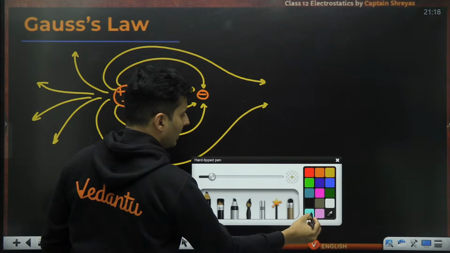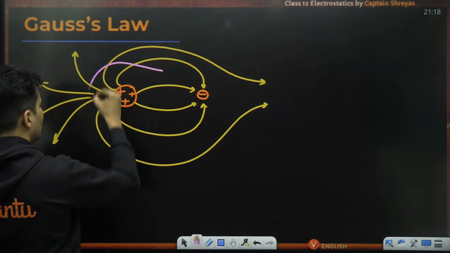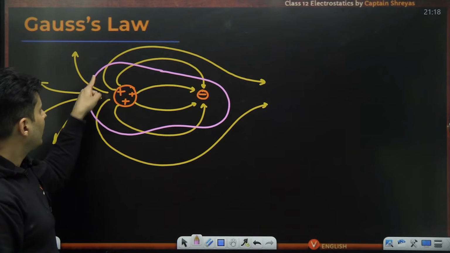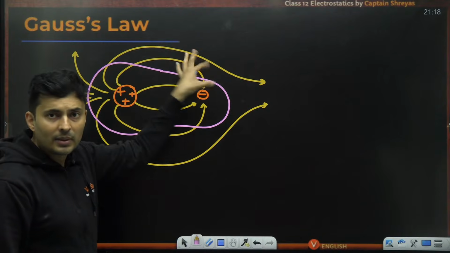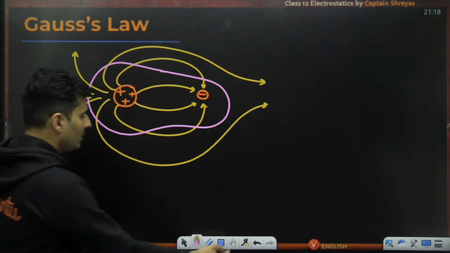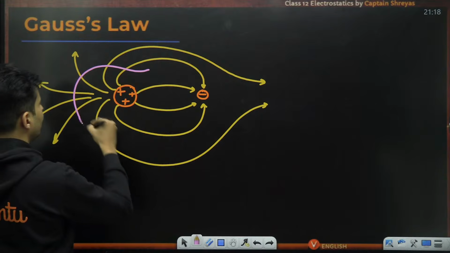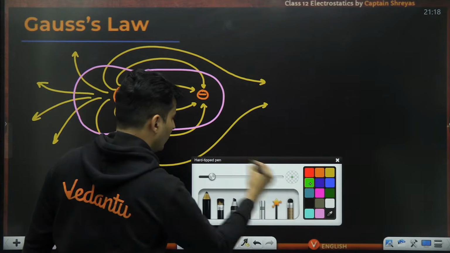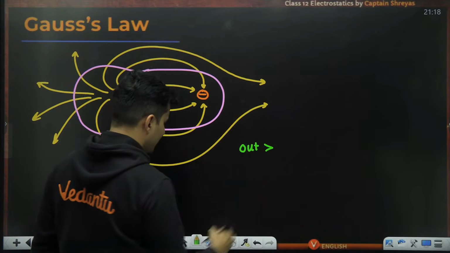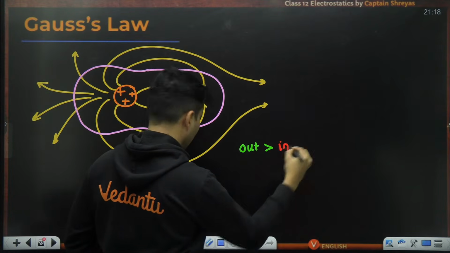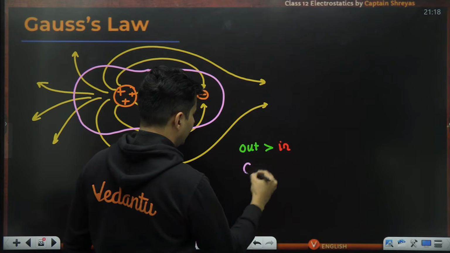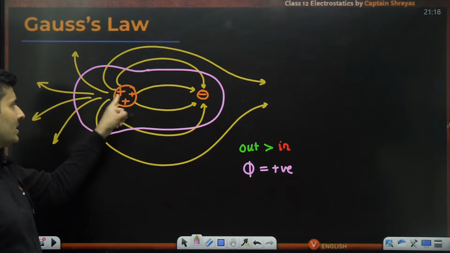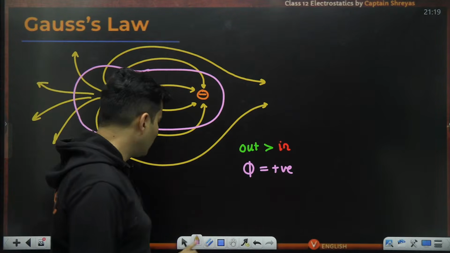Now, if somebody happens to choose a Gaussian surface like this, just visualize there are more lines going out than lines going in. You can just count it also and see it. Very obvious. So there are more lines going out versus the number of lines going in. So you will see that the net flux will be positive because the total charge is also going to be positive.